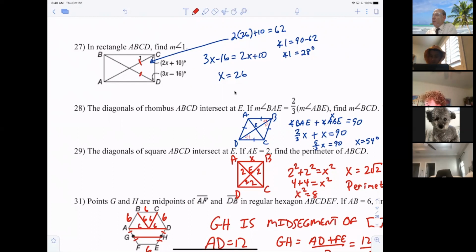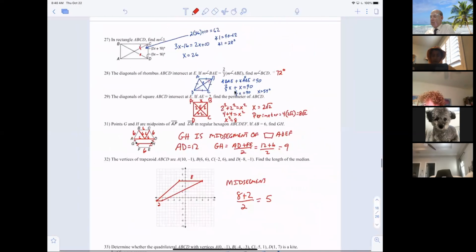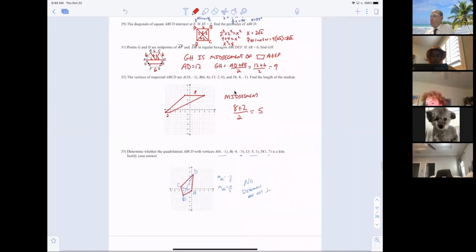So those base angles are equal. Right or wrong? So is that good enough, or do I need to go any further? Nothing. Anybody else on 27 through 33? Go. 28.